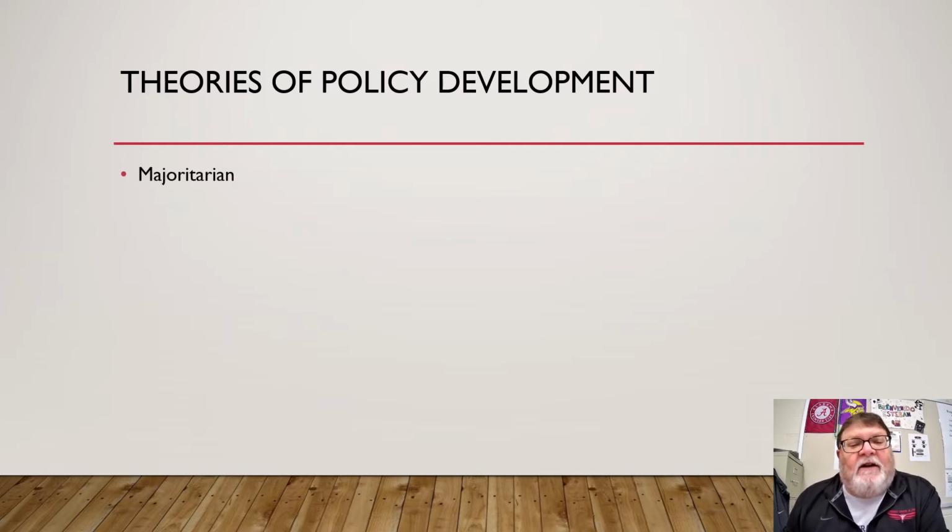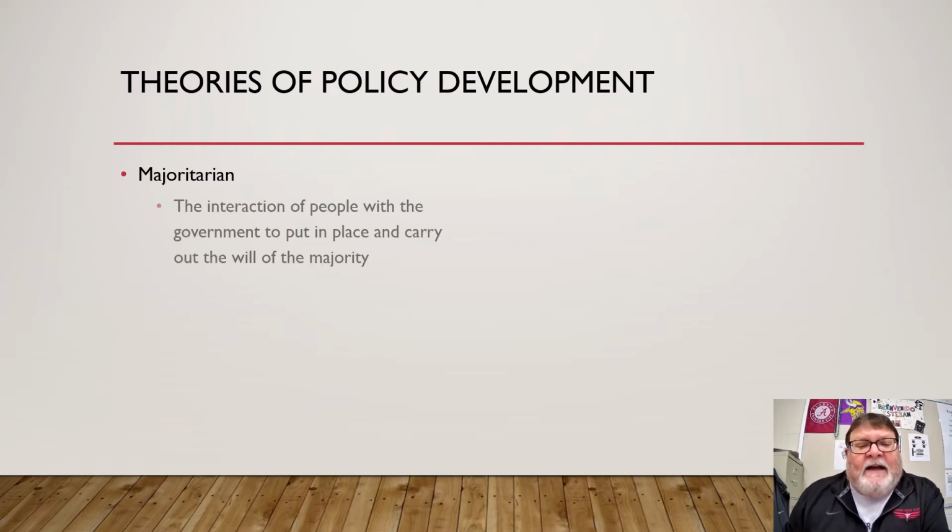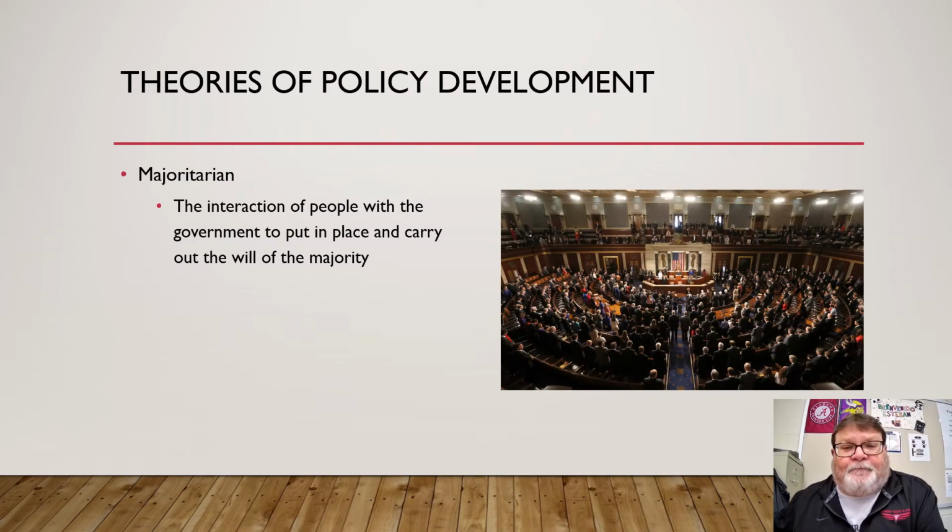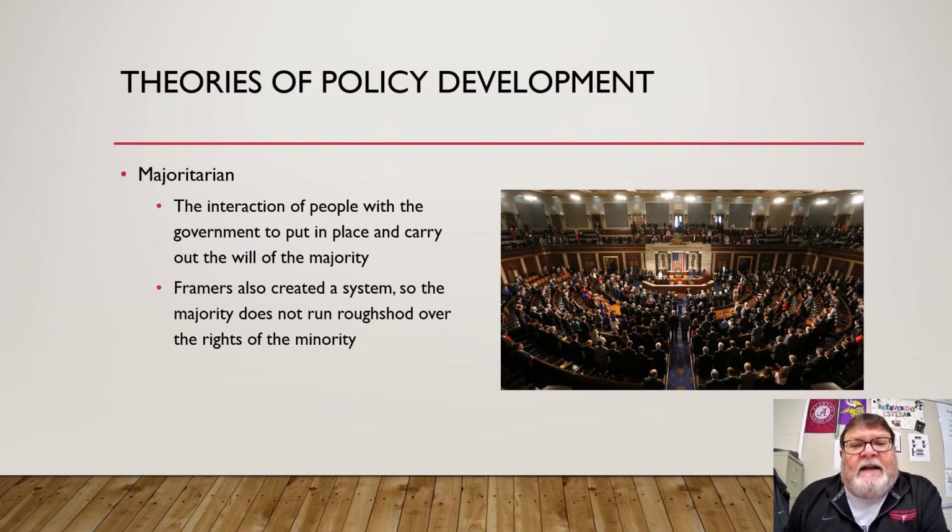We've got the idea of majoritarian policymaking. And remember, this goes back to Unit 1, and some of these things we talk about today will go back to Unit 1. The majoritarian idea is that the interaction of the people and the government that we put in place in the United States is put there to carry out the will of the majority, right? And we know that. However, we also know, and this is the most important part, that the framers did create the system so that the majority can't just do whatever it wants to the minority.